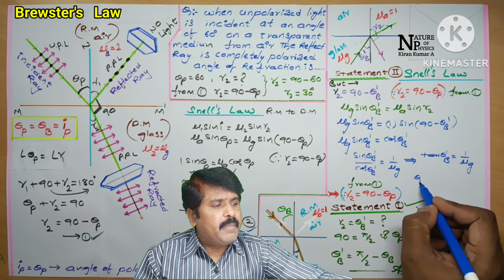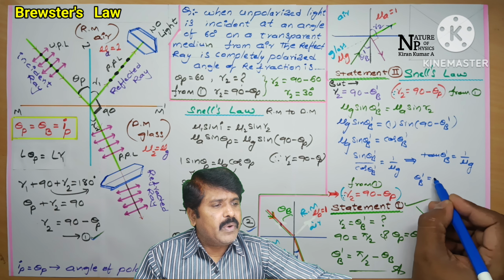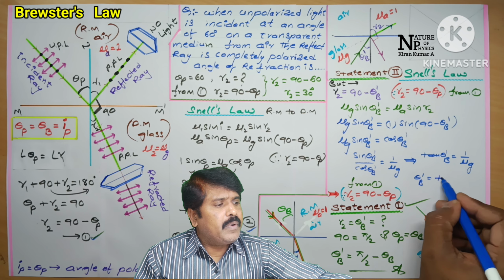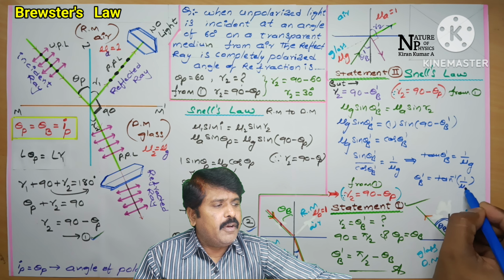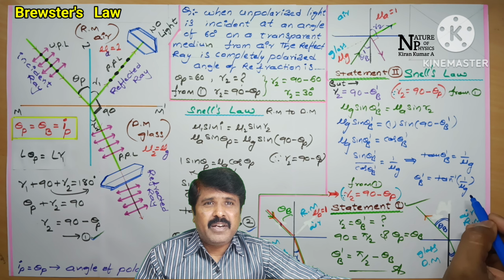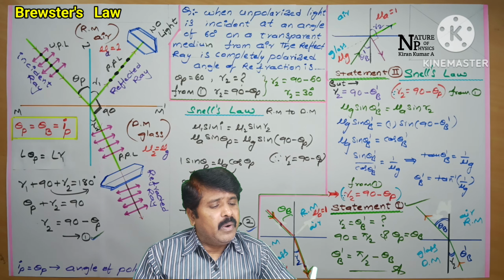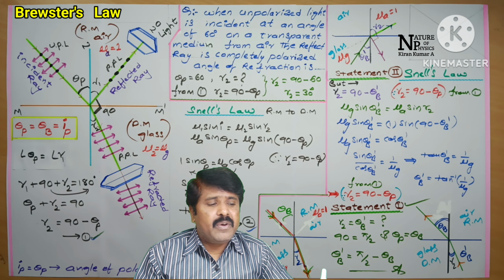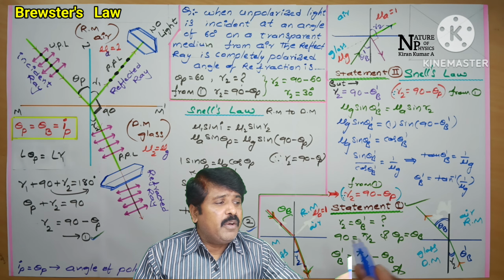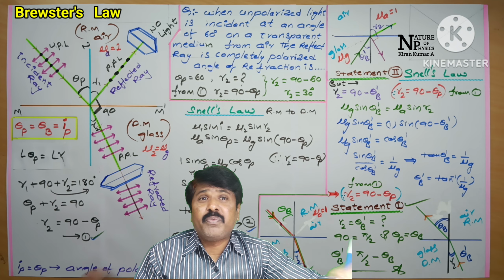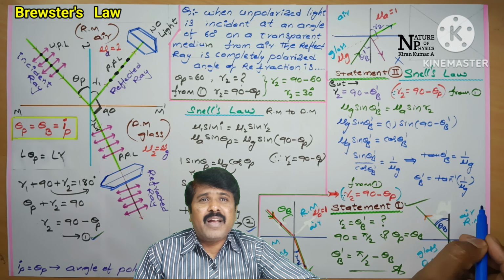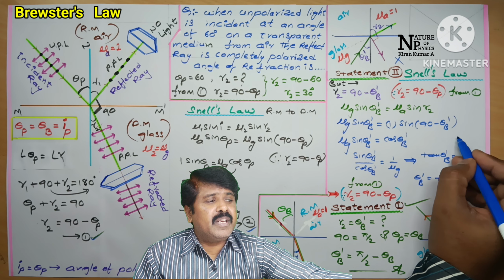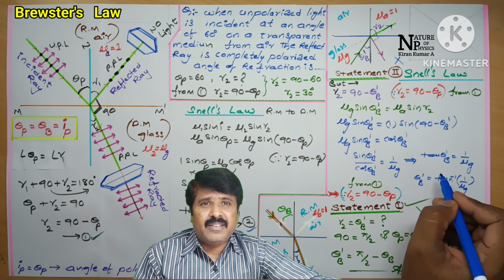So theta b dash is equal to tan inverse of 1 divided by mu g. In statement 2 it is given tan theta b is equal to tan inverse mu g, but we got tan inverse 1 by mu g. That's why the second statement is false. So option B is correct, student.